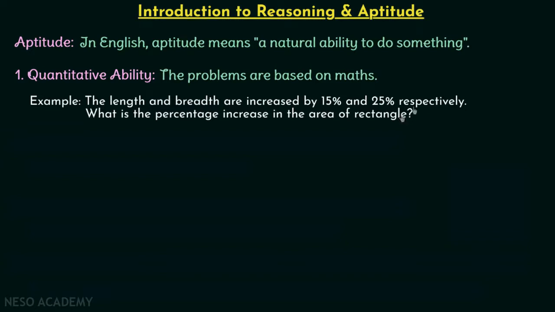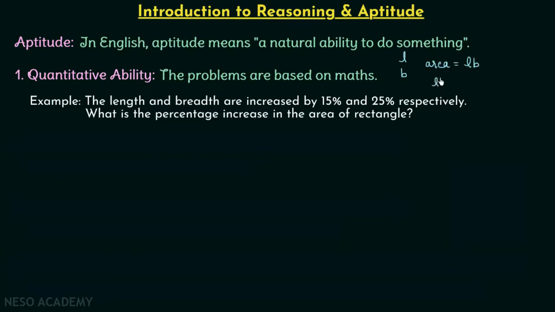Let's see how. Let's say initially the length is equal to L and breadth is equal to B. And we know the area of rectangle will be length multiplied by the breadth. So the area will be equal to length multiplied by the breadth. Now according to the question, length is increased by 15%.